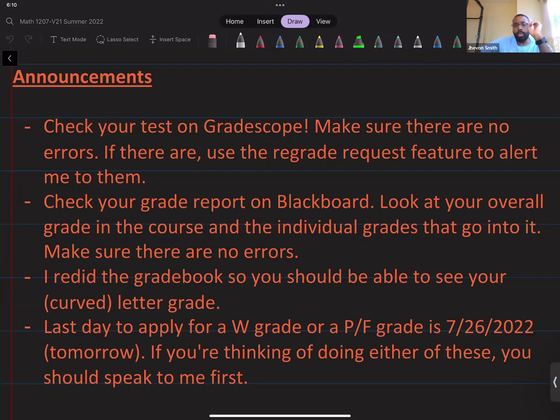Now, one thing that I just changed today, again, because someone looked through everything and brought it up to me, is, I believe up until yesterday, or even earlier today, when you went into Blackboard to check on your grade, you saw the numerical grade. It turns out that the things are actually graded on a curve. So your numerical grade might not translate to the letter that you're thinking.